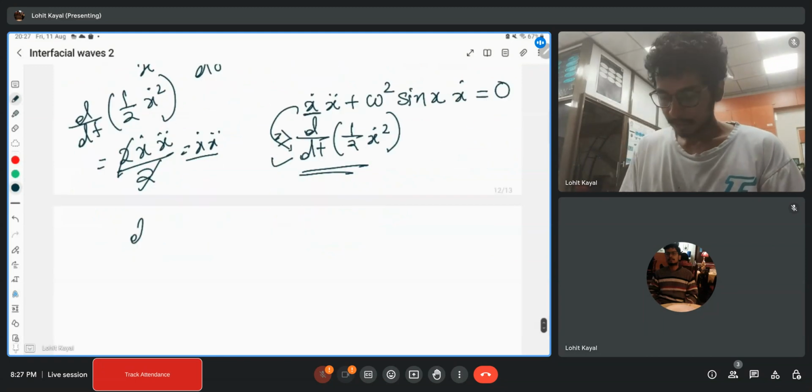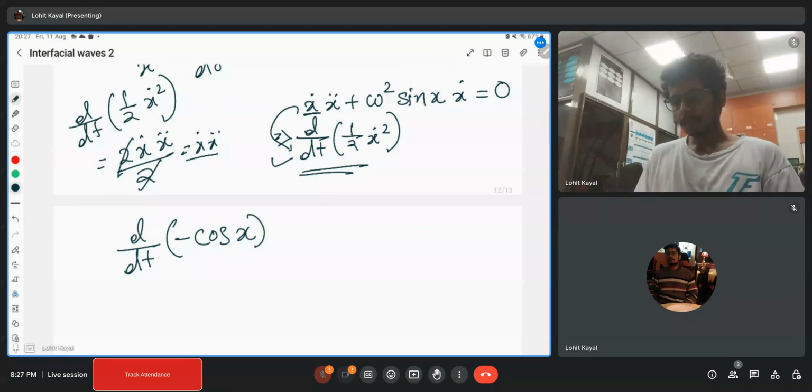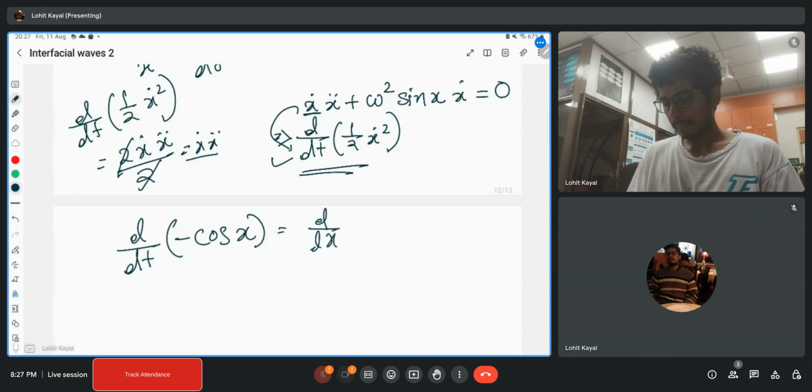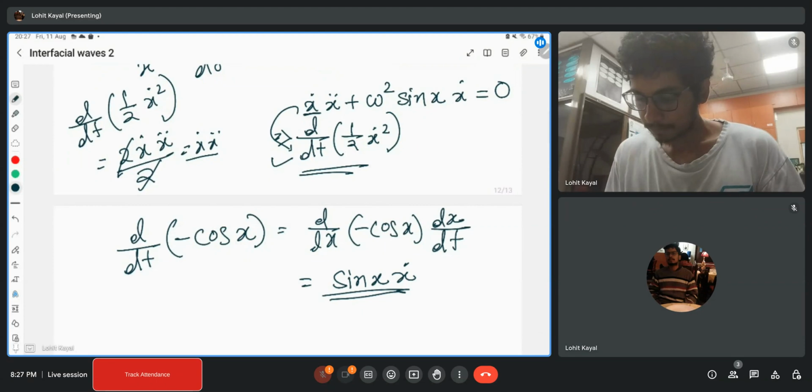Now plus omega square into sine x into x dot. Can we write it in this way? d dt of minus cos x. So what is d dt of minus cos x? What is d dx of cos x? It's minus sine x. And I am doing d dt, so that means d dx by simple chain rule into dx dt, equal to sine x multiplied by x dot.